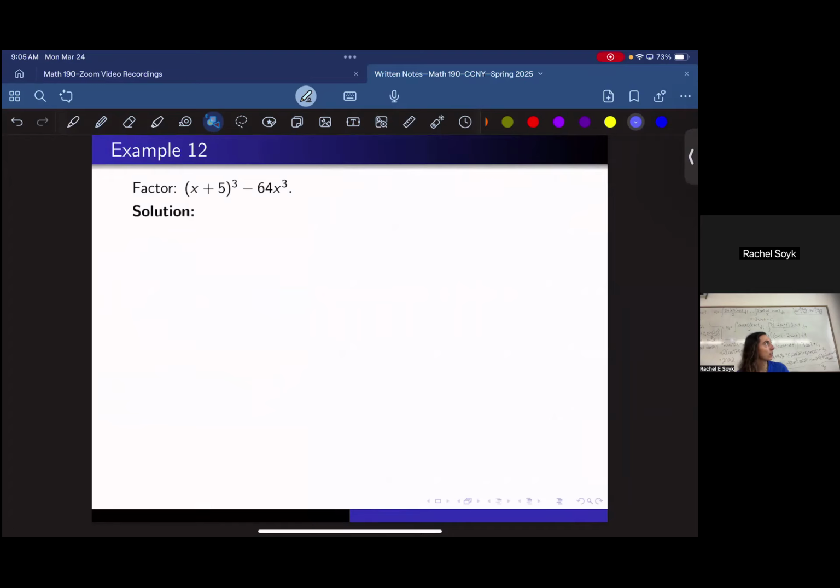Okay, let's look at this example. Kind of want to treat this x plus 5 as like your a. And so we're looking at an a cubed minus b cubed, which is our difference of cubes. Binomial, the sign is the same.